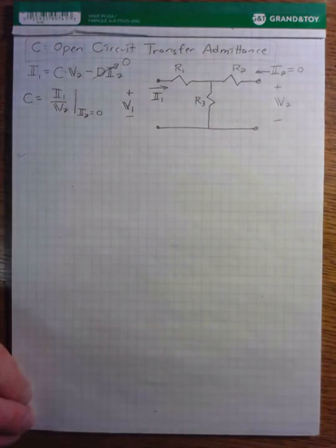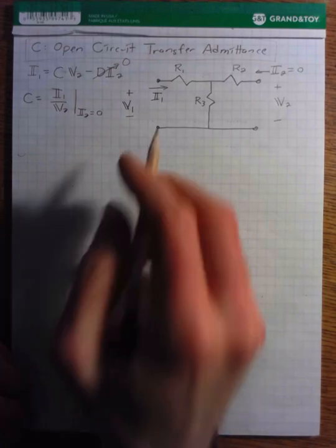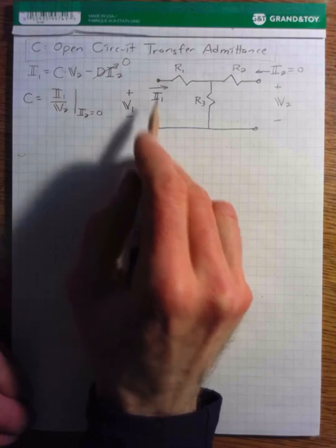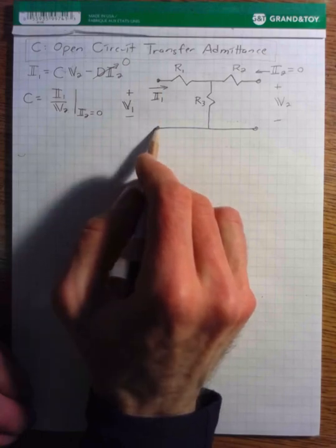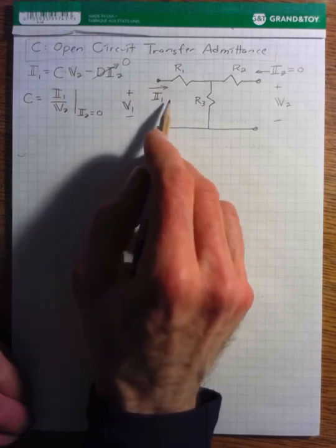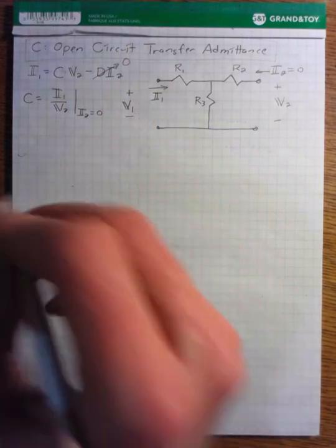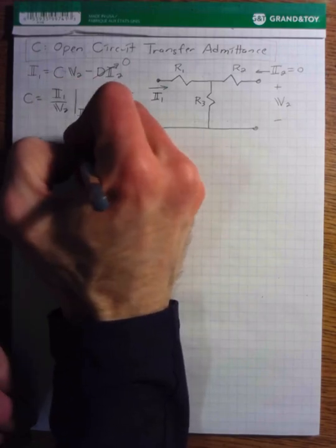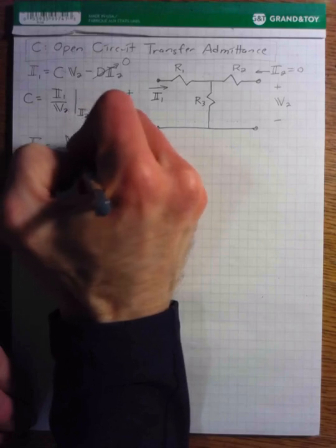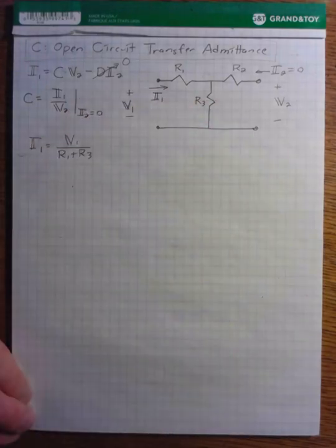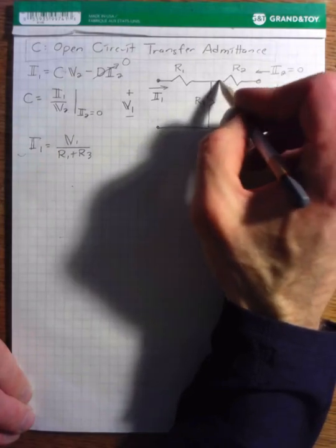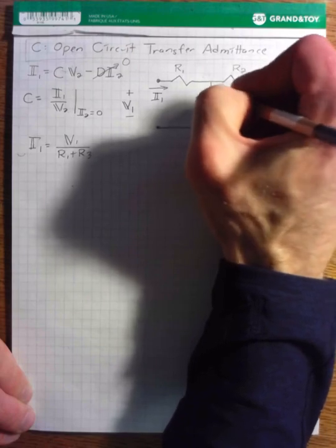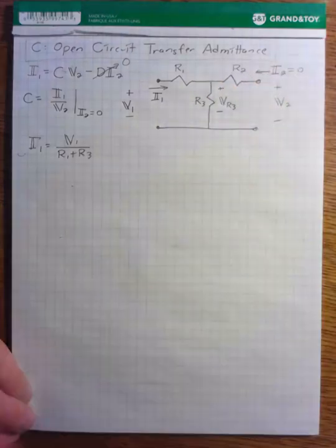And so I1 is very simple. It's just equal to the voltage we've applied across this input terminal divided by the sum of the resistances. So it's just Ohm's law, right? I1 is equal to V1 over R1 plus R3. The voltage across V2, because there's no current flowing through this resistor, is equal to the voltage across resistance 3.